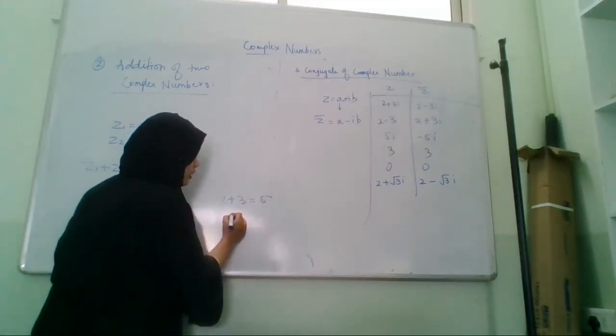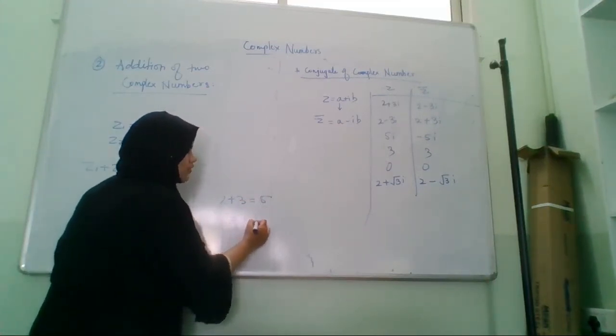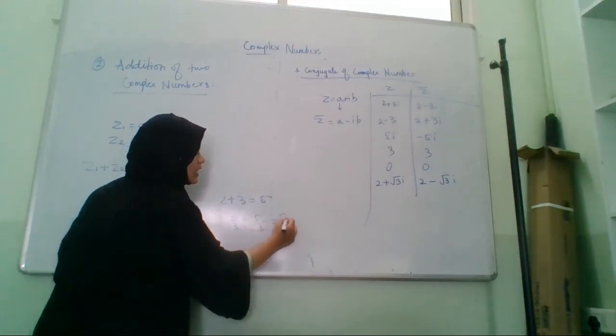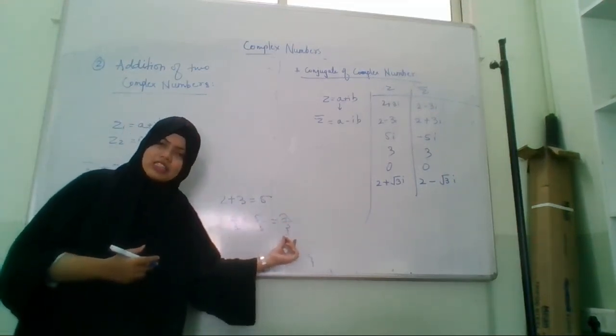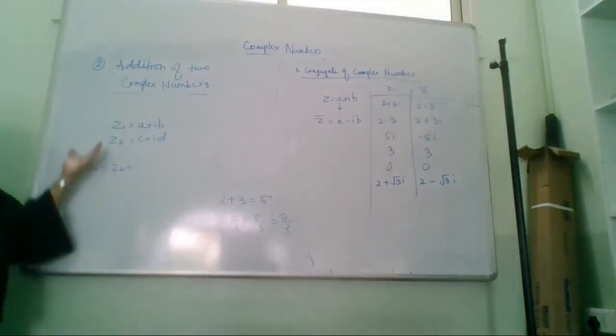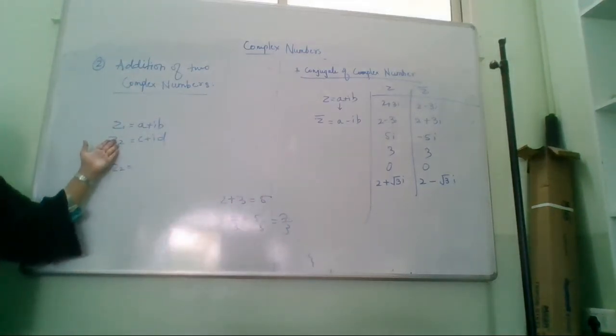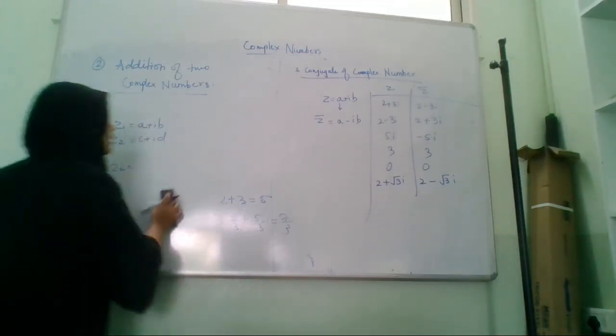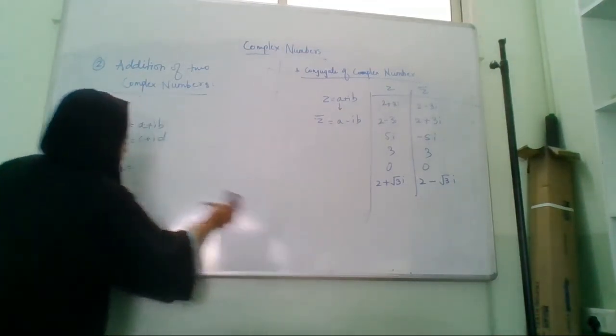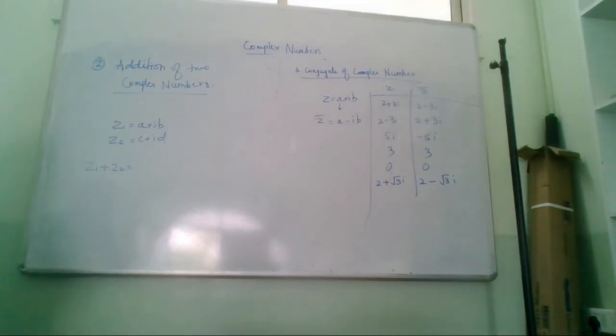Addition of two rational numbers, like 2 upon 3 plus 5 upon 3, which is 7 upon 3, will be a rational number again. So similarly, the addition of two complex numbers should again be a complex number. So we have to add complex numbers so that it forms a complex number again.